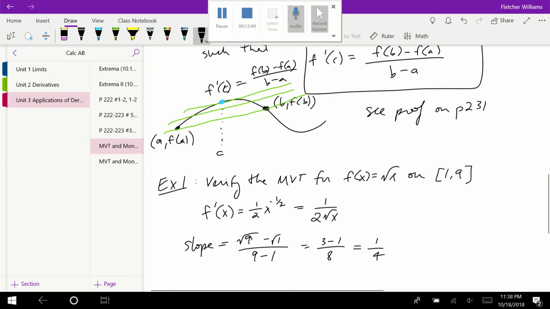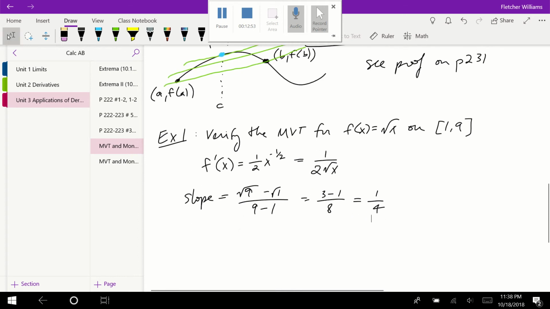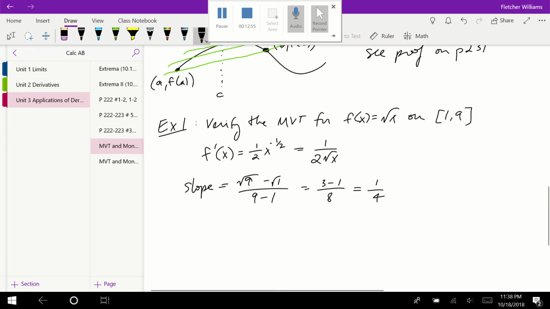So then the question is, now bring it to what we know on the derivative, what do we need to do? We find out when f prime of x is equal to 1 over 2 root x equal to 1/4.